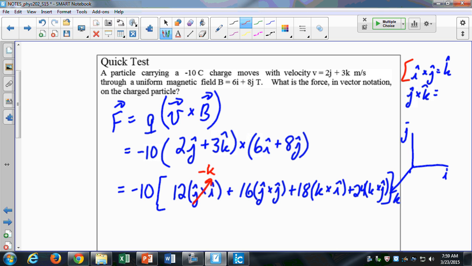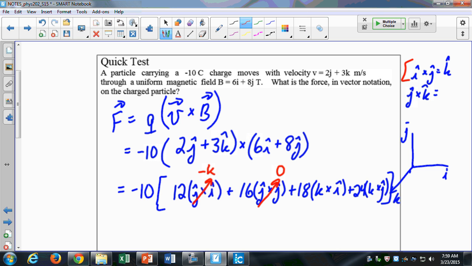What is J cross J? It's 0, right? And K cross I. Do I know what that is? Is it positive J? Let's see, I always forget.